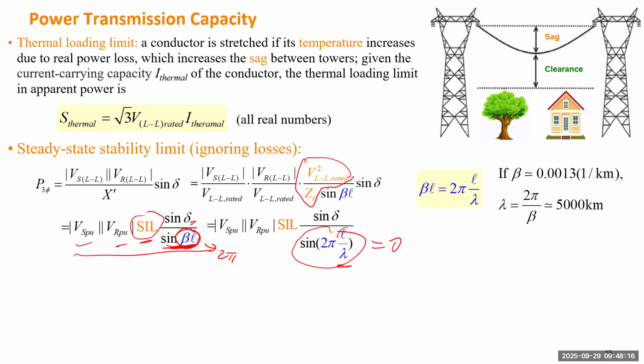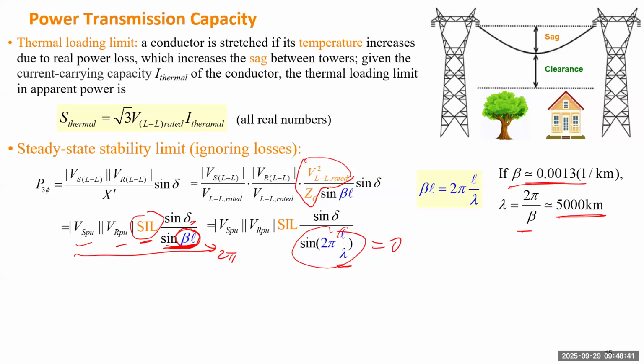Okay, so let's assume beta L equals 2 pi times L divided by lambda, and if the beta is equal to 0.0013, lambda will be equal to 2 pi divided by beta. The lambda will be 5,000 kilometers.